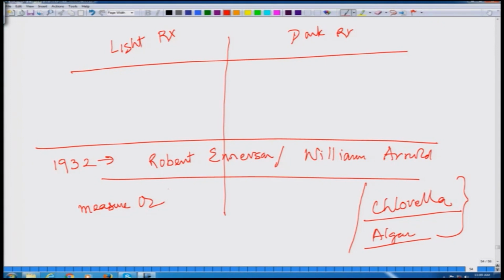So, they measured the oxygen by exposing the cells to a flash of light, as I showed you in the previous slide. And what they observed was very interesting.